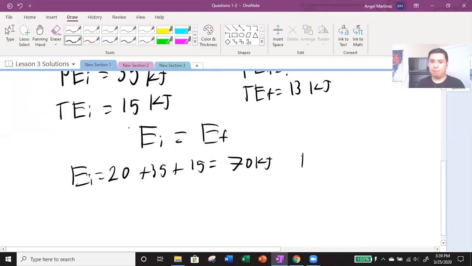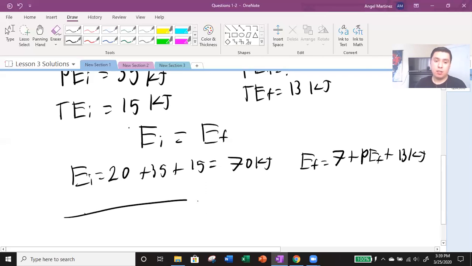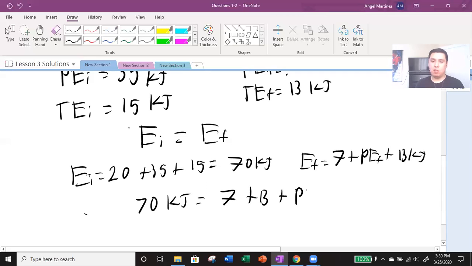What is EF? We have 7 plus PEF, which we don't know, plus 13. So now you just want to set these two equal to each other. Remember, whatever the total is on this side equals the total on this side. So 70 kilojoules must equal 7 plus 13 plus whatever PEF is.